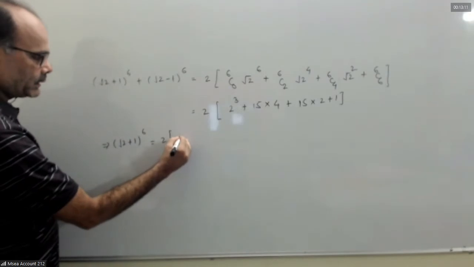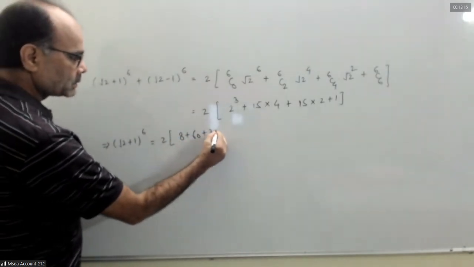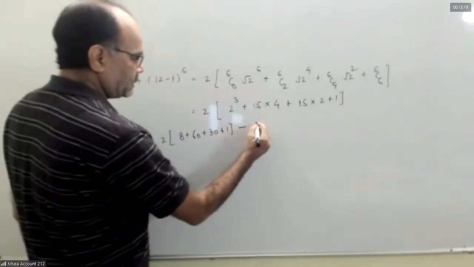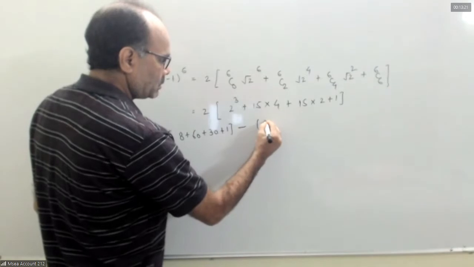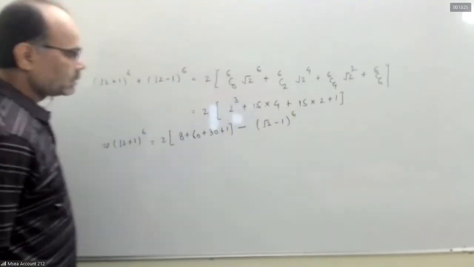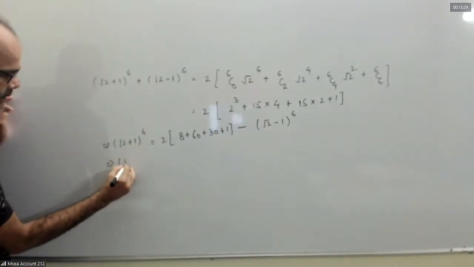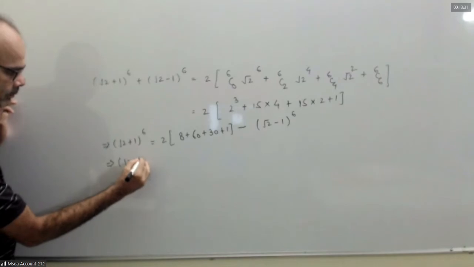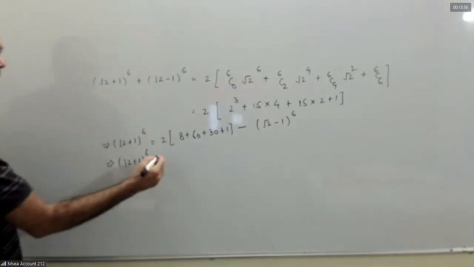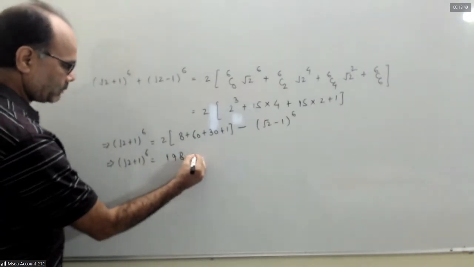Two times of 8, 30, minus, changing this term to the right side. This becomes root 2 plus 1 to the power 6, 99, 198. 198 minus something.